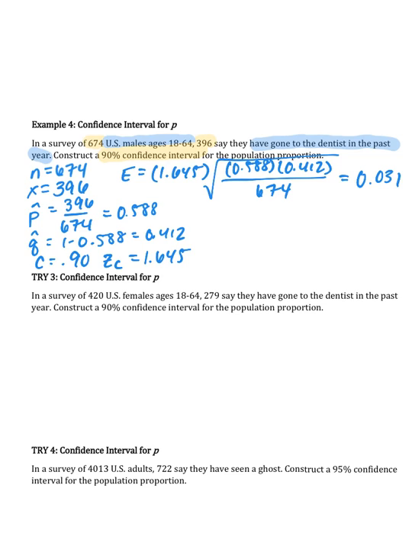We always want E to be a decimal less than 1. So then we have P hat minus E, which is 0.557. That's our left endpoint. P hat plus E is 0.619. That would be our right endpoint.